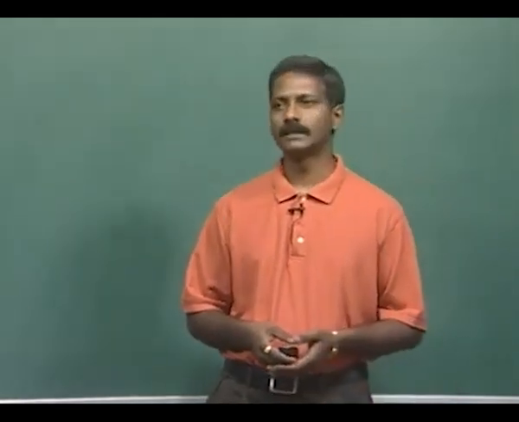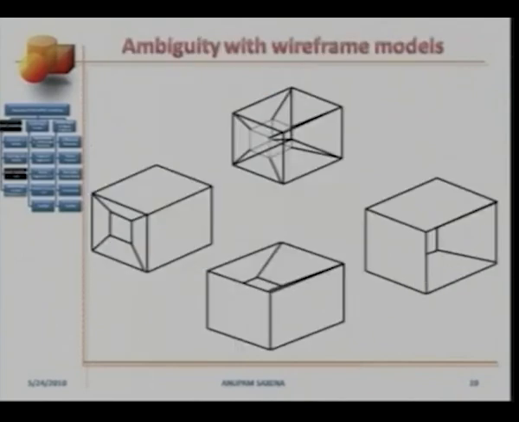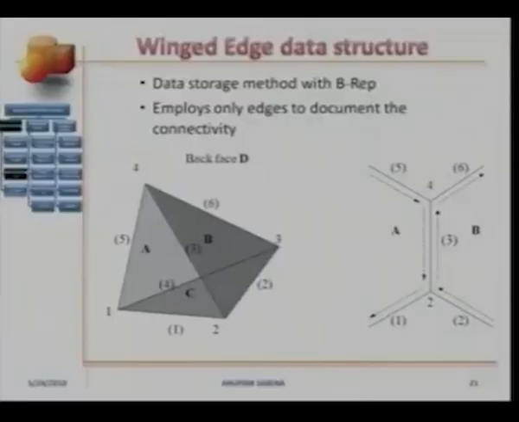Accordingly, we considered three representation schemes and modeling schemes: the wireframe approach, the boundary representation scheme, and constructive solid geometry. The wireframe models had problems since they did not store the face information or the face topology information. The corresponding models were ambiguous. We had seen this example.